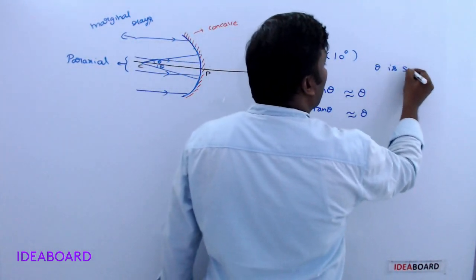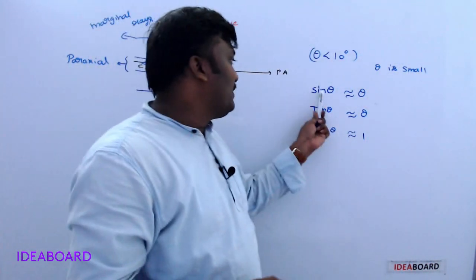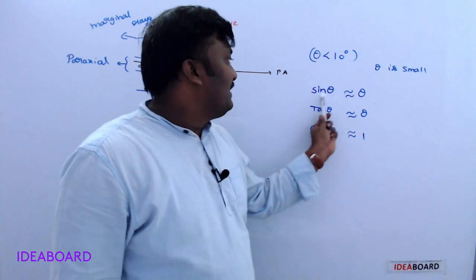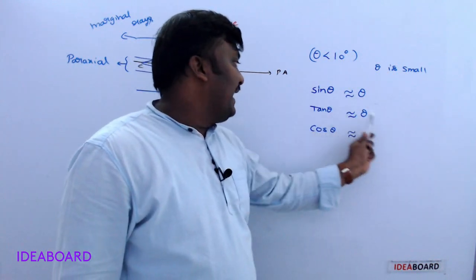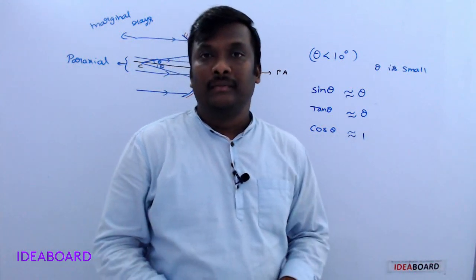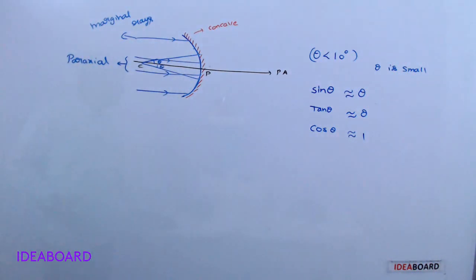If theta is small, wherever you observe sin theta, tan theta or cos theta, they are replaced as sin theta as theta, tan theta as theta, cos theta as 1. Is it clear? Please note it down.